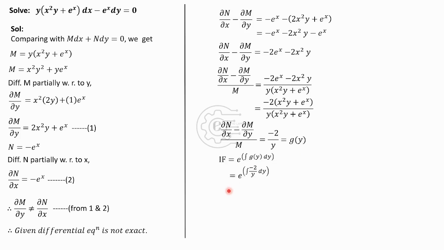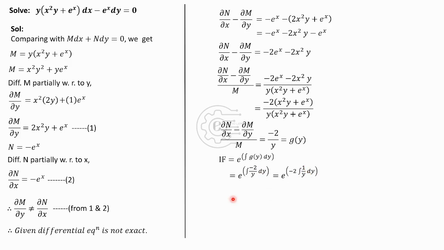So therefore e raised to integration of minus 2 upon y into dy. Now here minus 2 is constant, so we write e raised to minus 2 into integration of 1 upon y into dy.